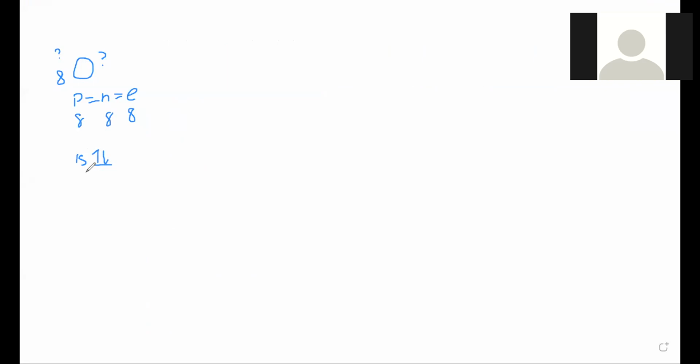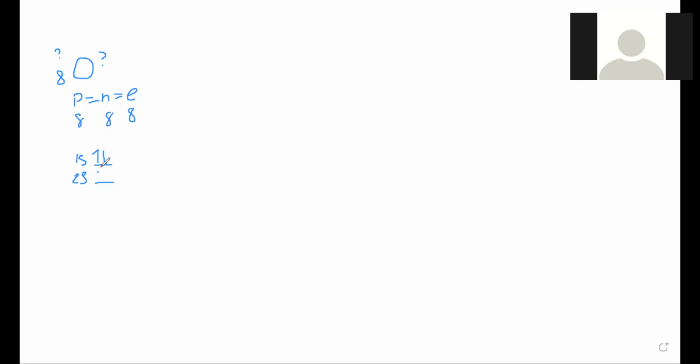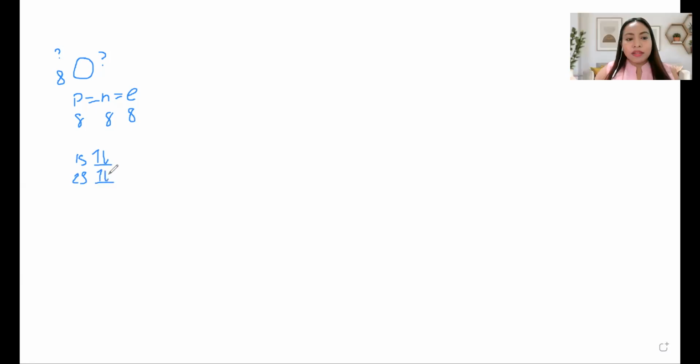They must be in opposite directions to avoid interaction so that they will not push each other away. Next, 1s is followed by 2s. How many electrons can an s orbital have again? 2. So we have another 2.